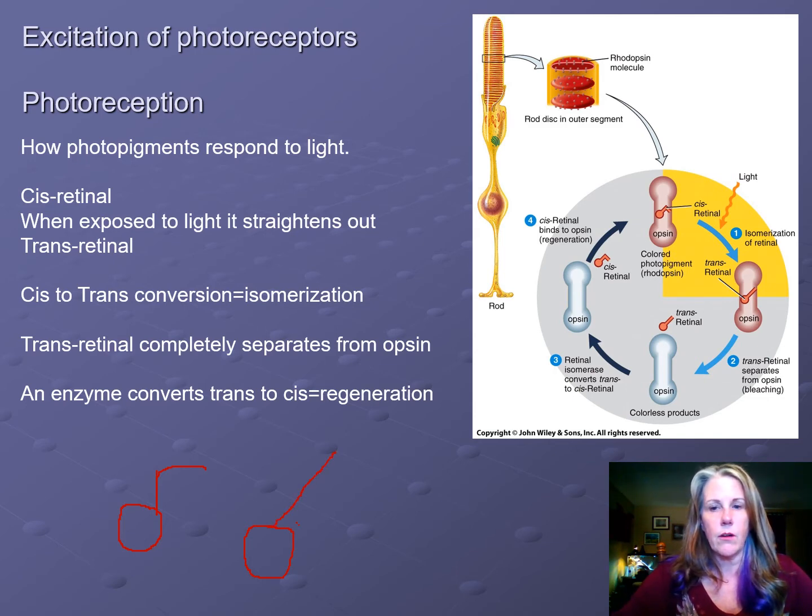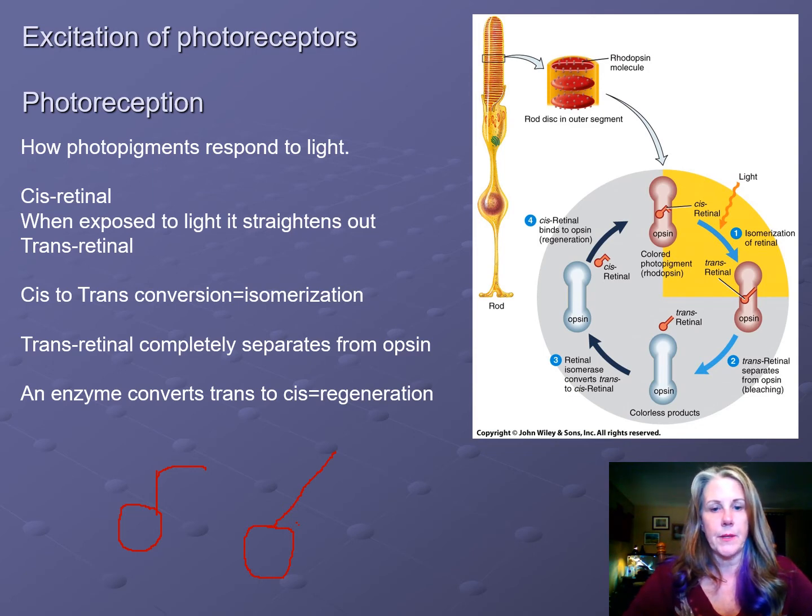Okay, it just straightens out. And that's what we're seeing right over here. We call this one cis when it's bent, and this one trans when it straightens out. So what has happened when the photopigments start to absorb the light is that they undergo a cis to trans conversion. All right?